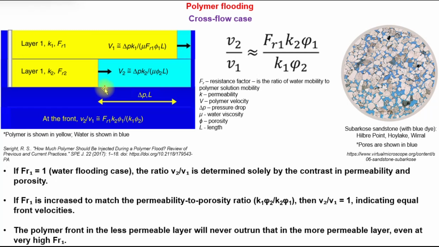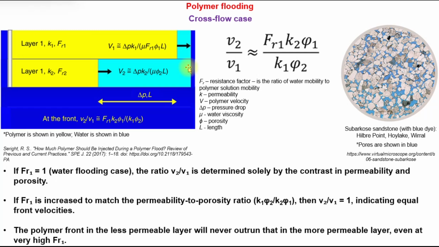However, the penetration distance of the polymer in the upper layer is greater than in the lower layer. This is due to the permeability difference between the layers. The permeability of the upper layer is higher than that of the lower layer.